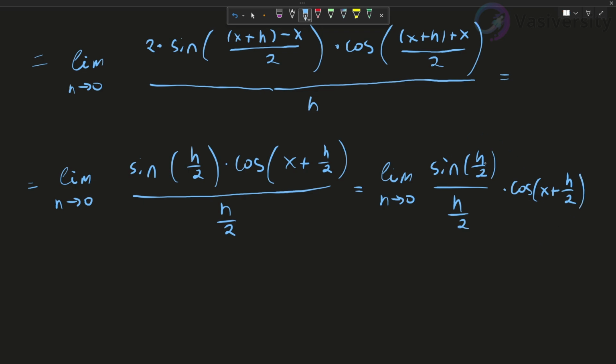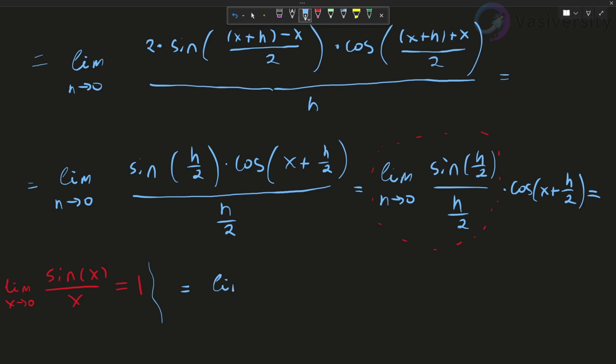So recall, this is a special limit, right? Sine of x over x as x approaches 0 is equal to 1. So in our case, this is exactly what we're working with. But here, of course, we have to use the limit laws first.